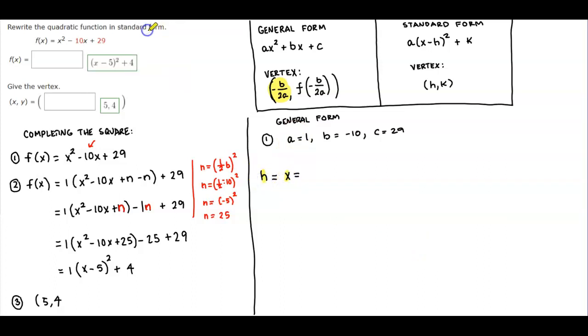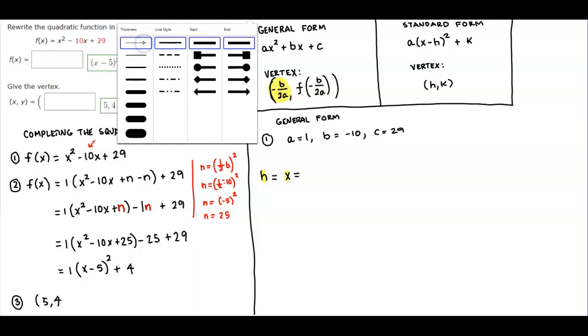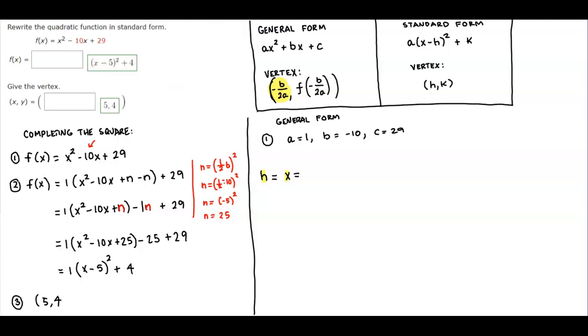So we have x, which is equal to negative b over 2a, and that's equal to negative, this is negative 10 over 2 times 1, which is equal to a positive 10 over 2, which is equal to 5.